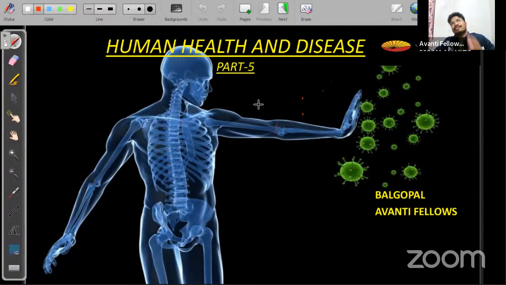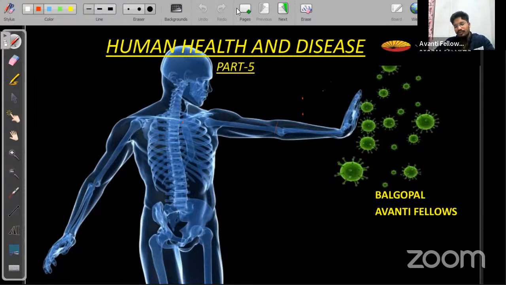We are completed with the innate immunity, and in that, a few things were left: the inflammatory reaction and cytokine barrier, and one more linked protein. We'll be talking about those three things, and then we'll directly go to the acquired immunity.